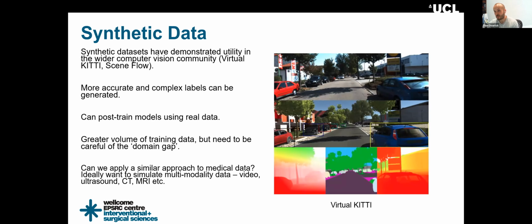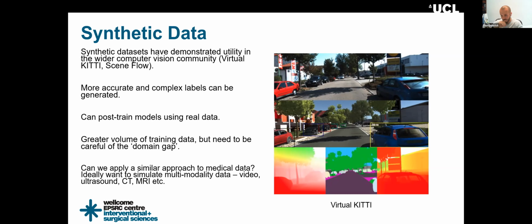Advantages of this are that you can generally get more complex and more accurate labels. You can get potentially more data. But also you're not fully capturing the true case. So there's this issue with the domain gap, where you might perform well on synthetic data, but there's still something missing when you go to real data.